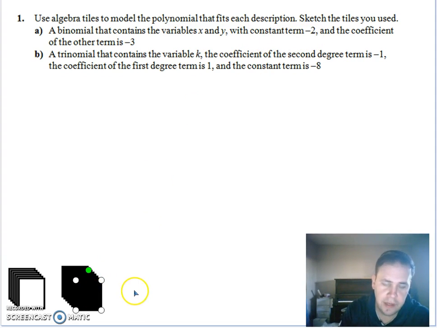Well, a constant term of -2, just to clarify, the shaded blocks are negative, the clear ones are positive.